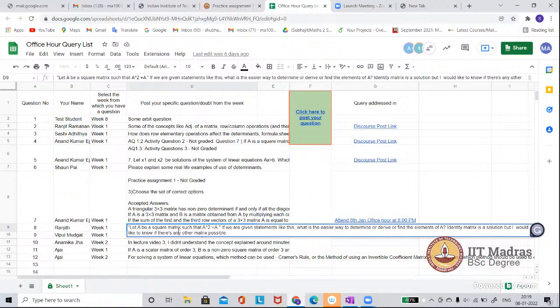If we are given a statement like this, what is the easier way to determine such matrices or entries of the matrix? So let's do this.